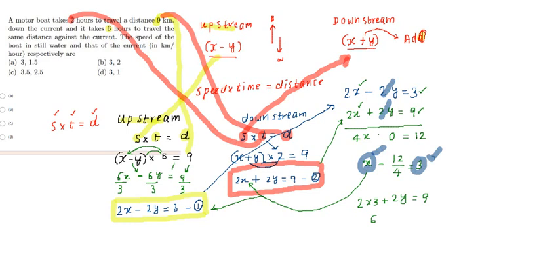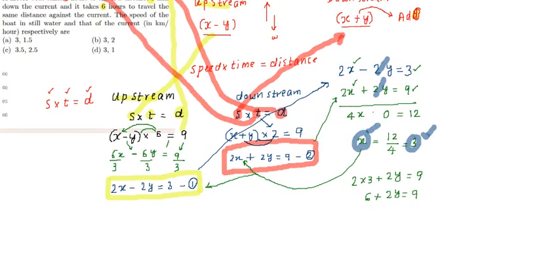Then 6, now simplification, 6 plus 2y equal to 9. Then 2y would be 9 minus 6, which is 3. Therefore y would be 3 by 2, which is 1.5. Half of 3 is 1 and a half, or 1.5. So we got the value of x as 3 and y as 1.5.